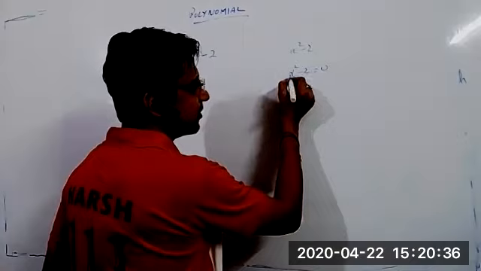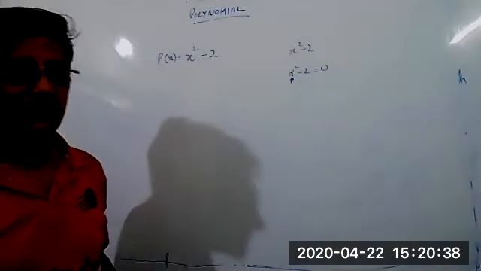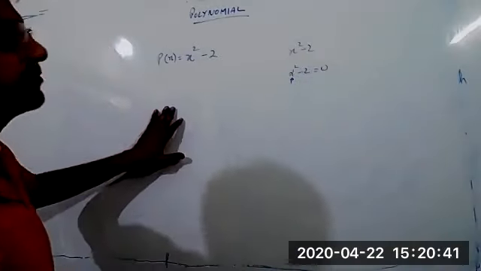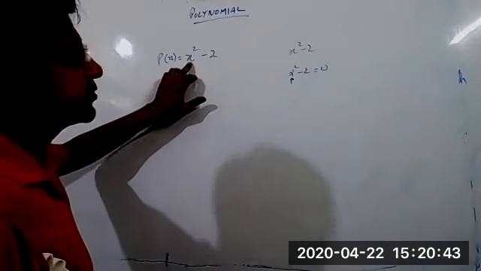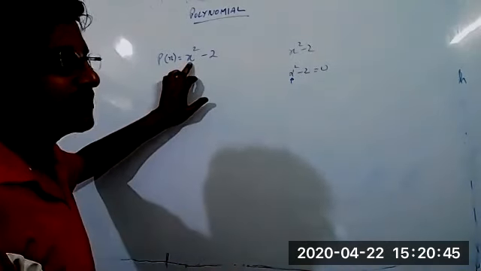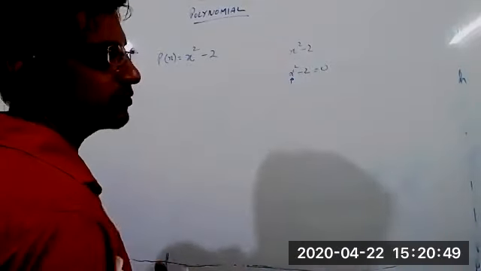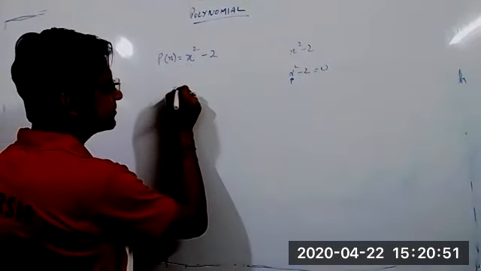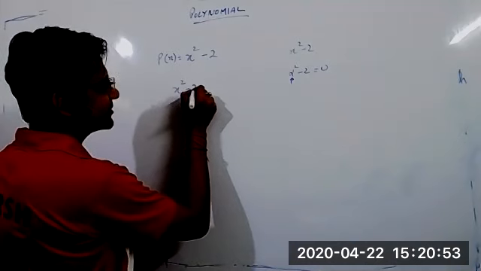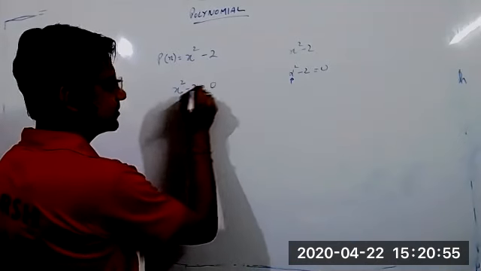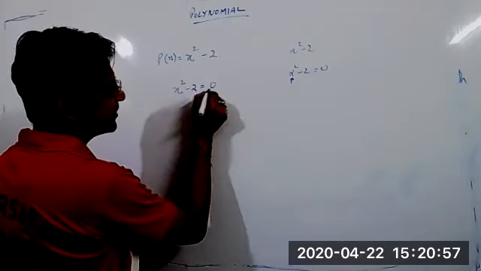So what is the value of this alpha? In very simple words, what is that value which you will put in place of x so that this becomes 0? So what to do? We have to put x square minus 2 equals to 0. Means what value you have to put to make it equal to 0.